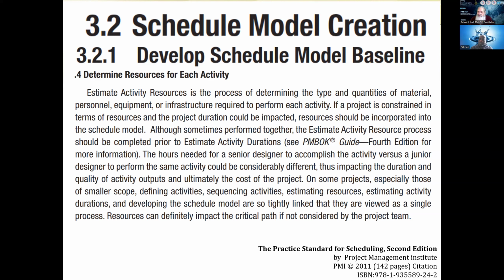The sum of all the activity resources will actually be your total resources, but you have to cater for resource leveling and all those things. Meaning, one resource should not be shown as being used at the same time at two places. It is not possible, right?